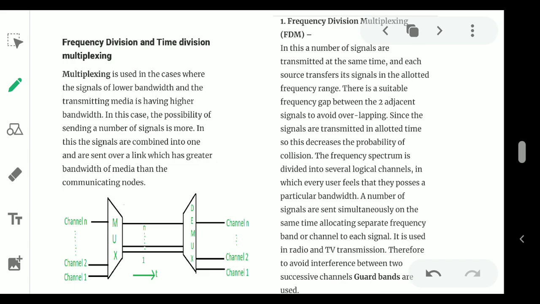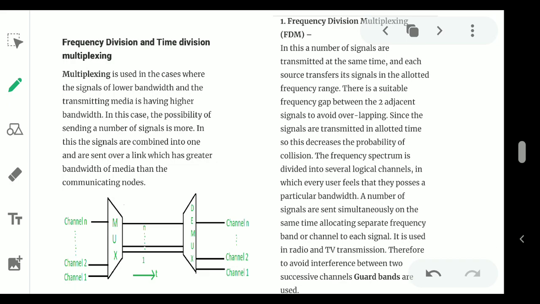So it will take several signals and transmit them to the required destination. At the receiving end, a demodulator or demultiplexer circuit will be there to extract the exact data signals from the different carrier frequencies.